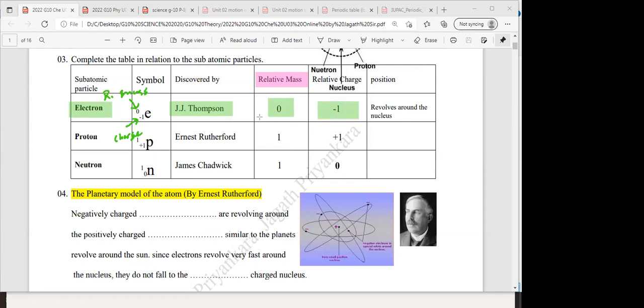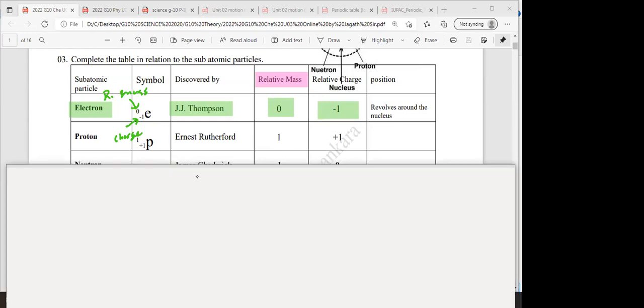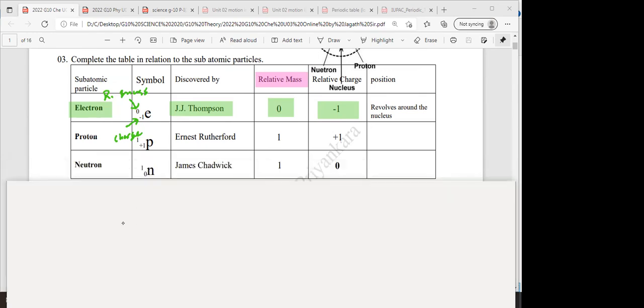Please write this in your writing book, everyone: the lightest subatomic particle in an atom is the electron. Look at the screen. The lightest subatomic particle is the electron.